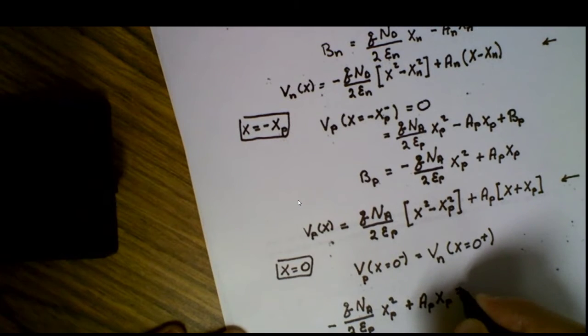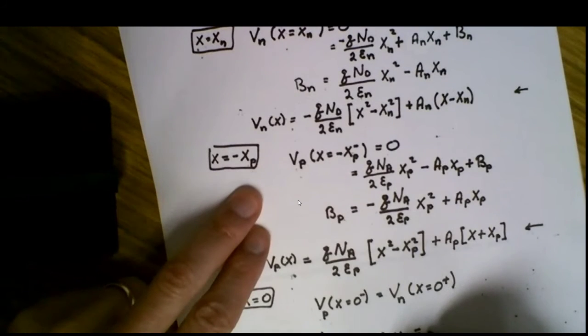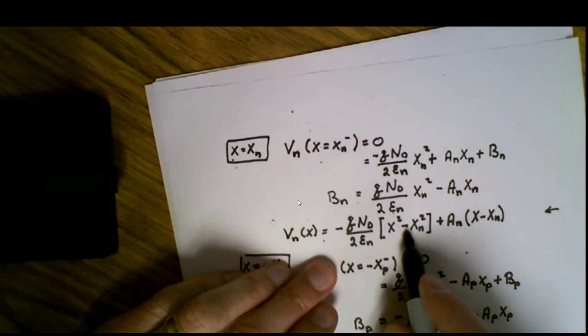And now that's going to be equal to, for our N material, forcing x to be equal to 0, we have a minus here and a minus there, it's positive, this term goes away.